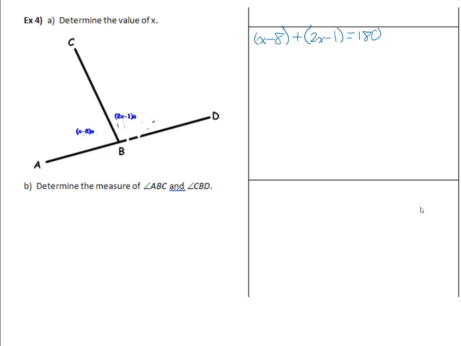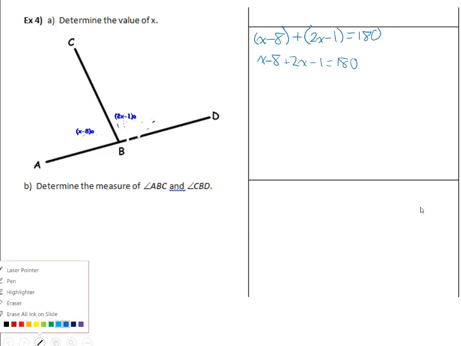All right. First thing I'm going to do is I'm going to drop the brackets. Plus 2x minus 1 equals 180. I like to collect like terms. Remember, you could use different shapes for this if you have different colored pens. This works a lot nicer.